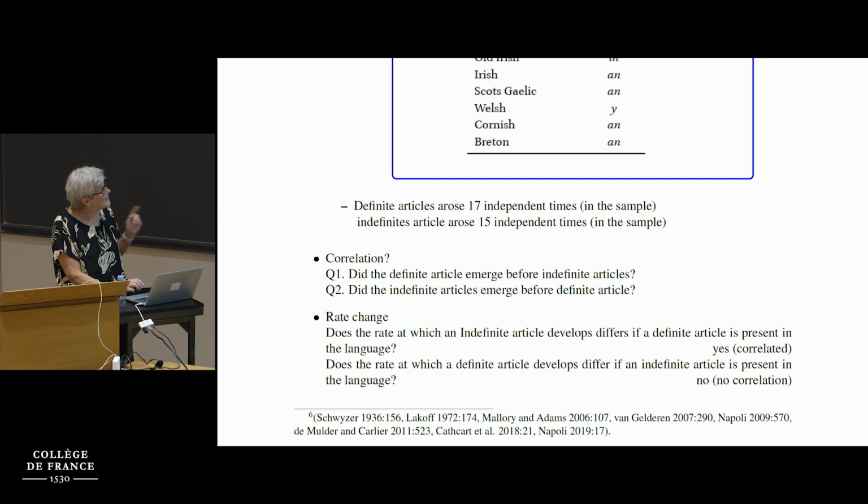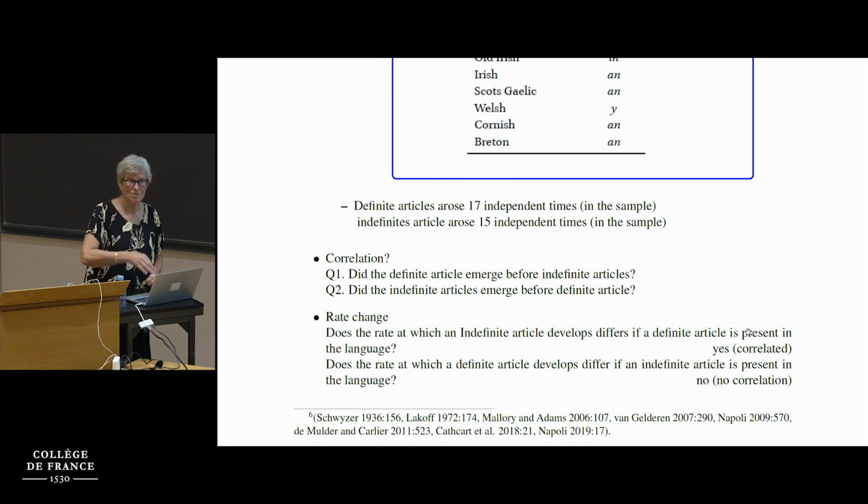So does the rate at which an indefinite article develops differ if a definite article is present in the language or not? Or does the rate at which a definite article develops differ if an indefinite article is present in the language? And what he shows is, yes, these are correlated.